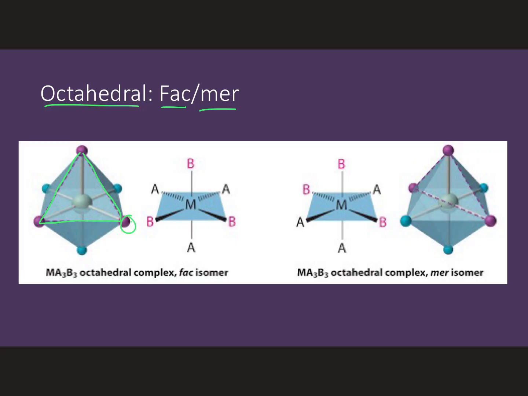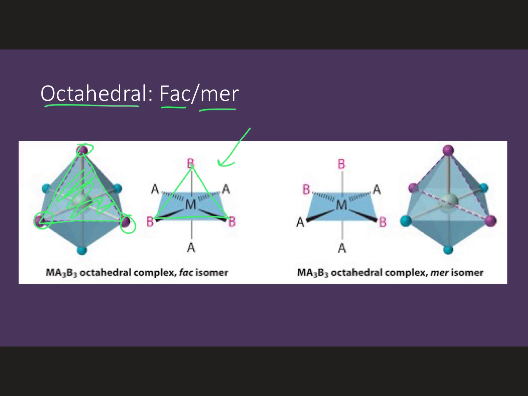If each point of that triangle has the same thing on it, that would be a facial isomer, because now it's the face of the octahedron. If we look in the ChemDraw version that we have here, we can see the plane around the equatorial sites there, and here is that face of the octahedron.